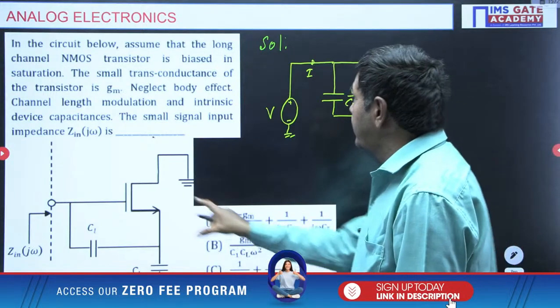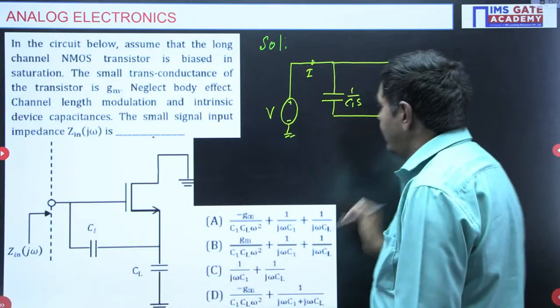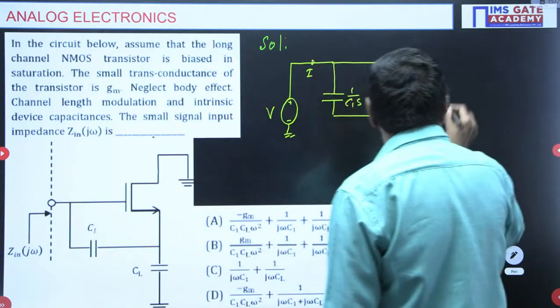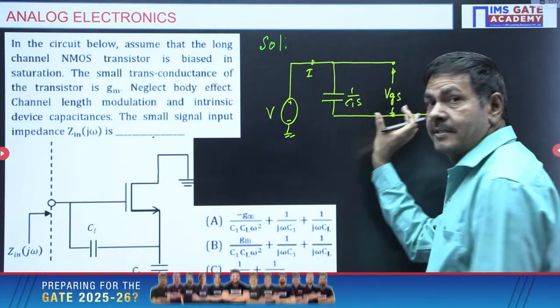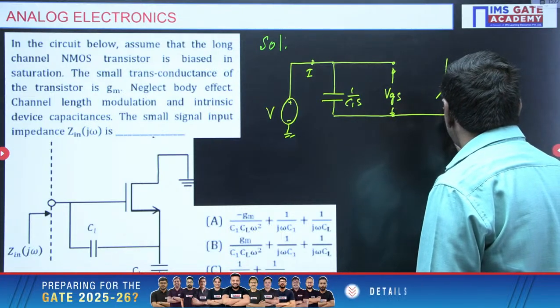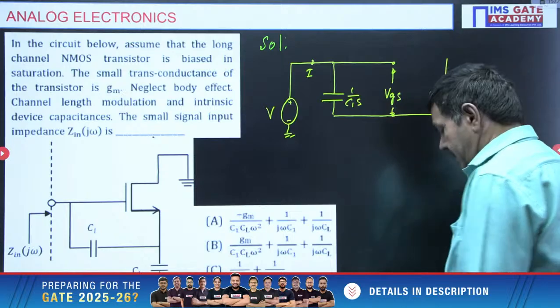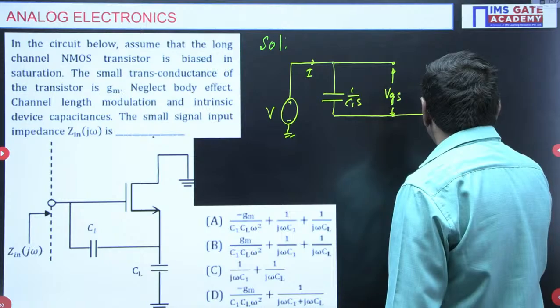Because of the MOSFET equivalent symbol, the open circuit must be connected with a drain current flowing. This side current is required. This is the equivalent circuit of the MOSFET for AC analysis, as you know very well. Here a current source is required. This current is to be taken as gm into VGS, no doubt.